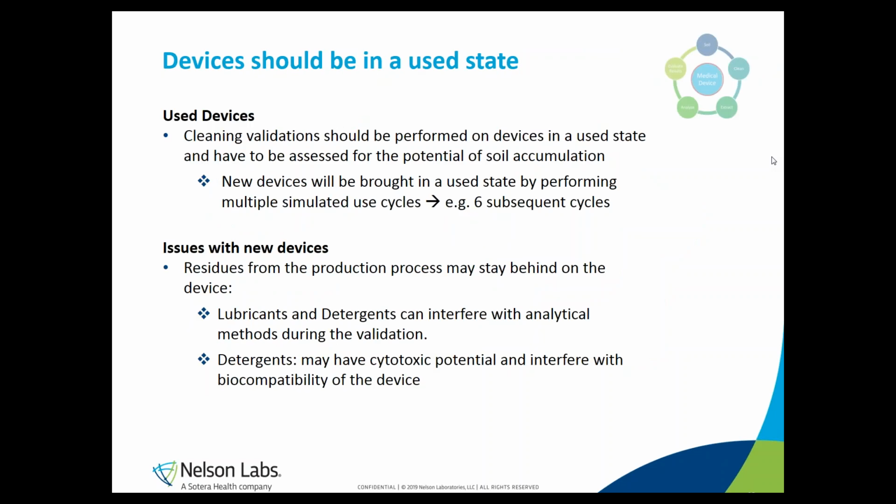The first question you always need to ask yourself is if you can provide devices that are already in a used state for the validation. A cleaning validation should always be performed on devices that are in a so-called used state. Devices that come straight from production may have some residues from the production process itself, and these can, for example, be lubricants or detergents that were used.